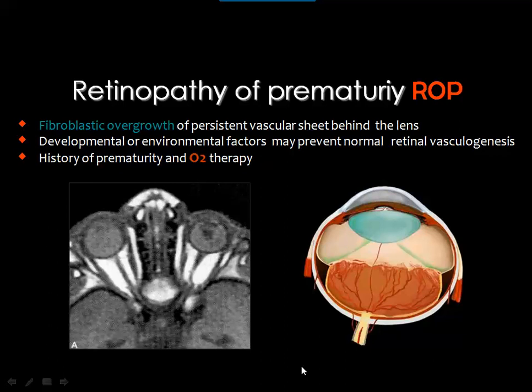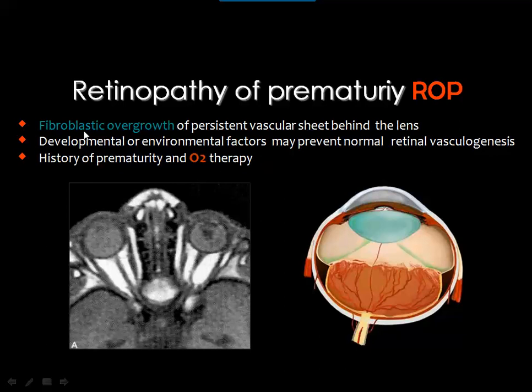The third lesion of retinoblastoma mimics is retinopathy of prematurity, and this disease is seen in premature infants who are receiving oxygen therapy.